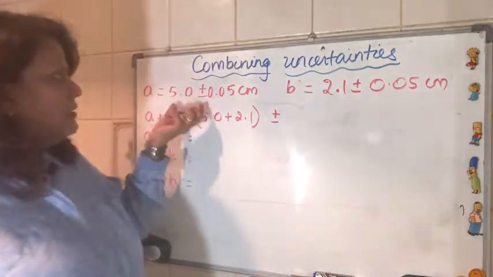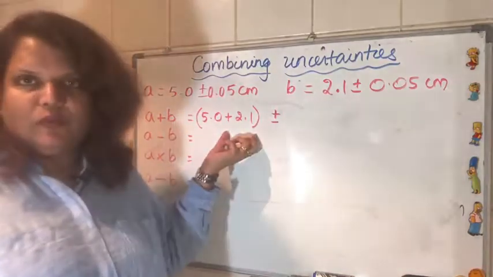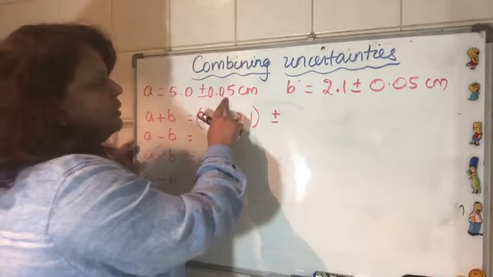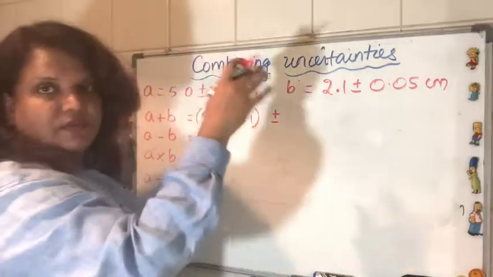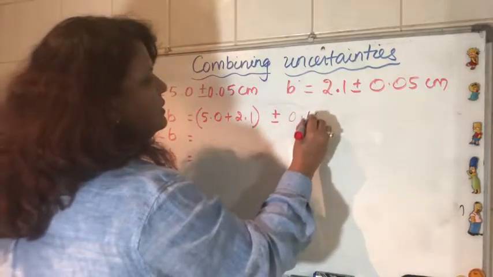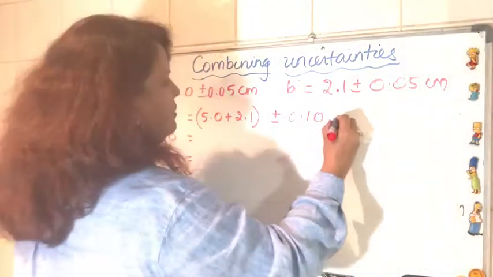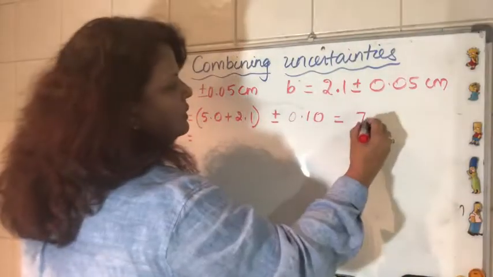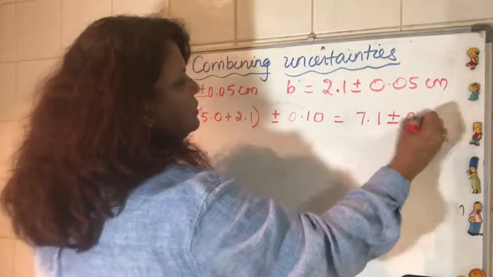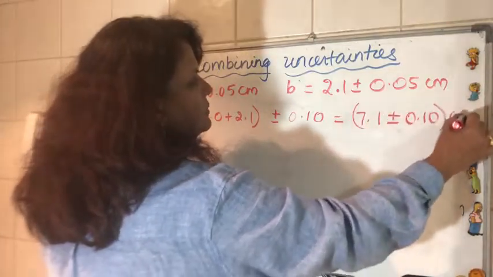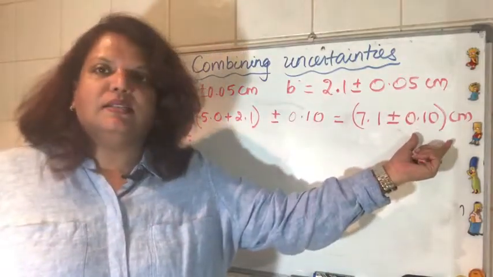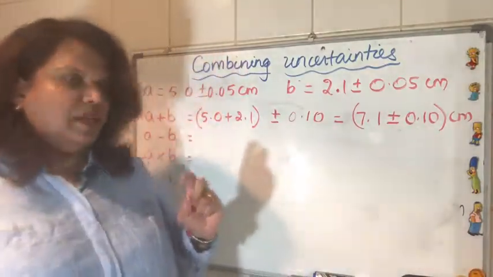You just have to add the readings, 5 plus 2.1, so that will be your actual total reading. Now these two uncertainties you just have to add, so that will lead to 0.10, correct? So this will become 7.1 plus or minus 0.10 centimeters. That's how you write the combined uncertainty for an addition operation.